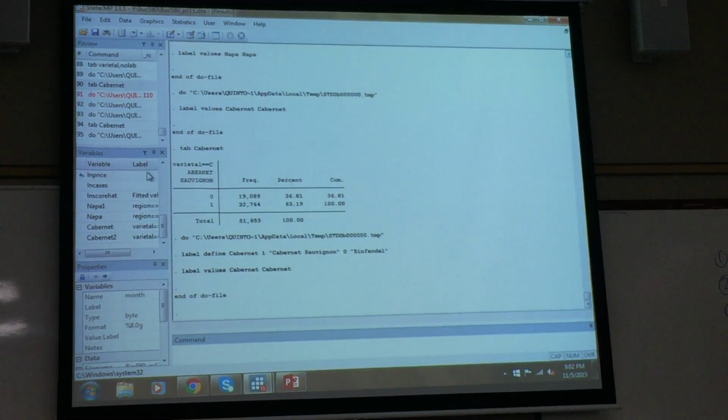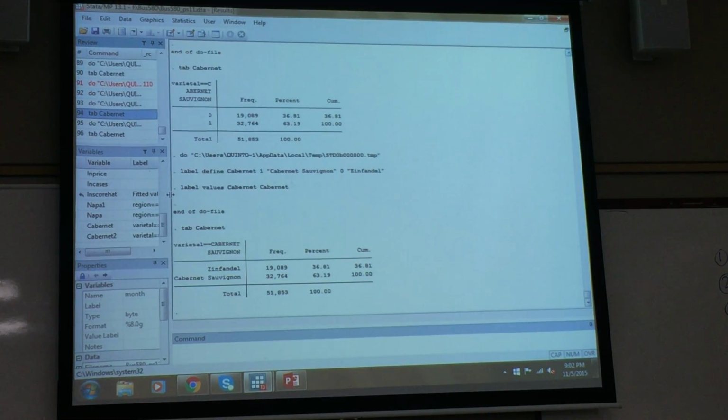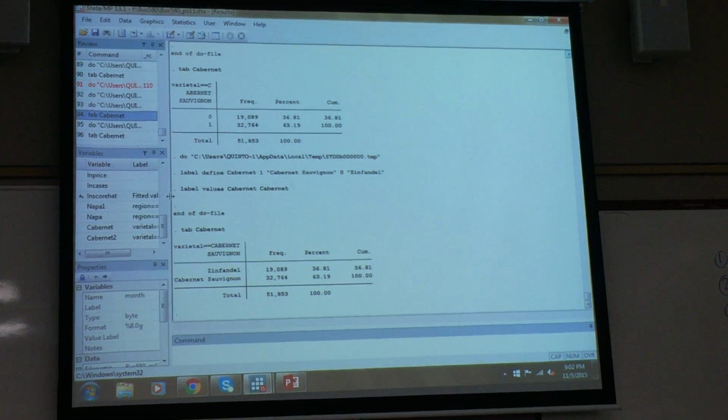There we go. Now let's tab that. It'll show up in your regressions as Zin and cab, as opposed to 0, 1.